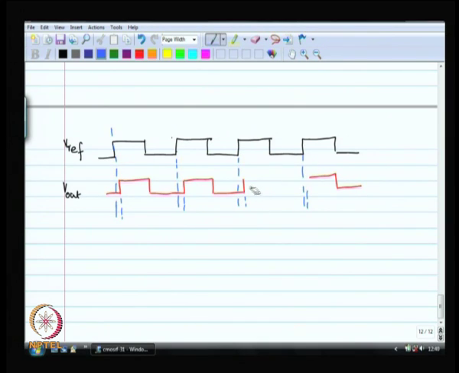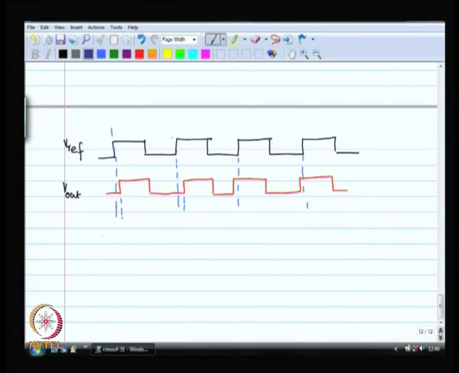Let us modify my V out a little bit. So, if Vref is ahead of V out, or rather if phi ref is more than phi out, then my desired output should be positive during that duration.